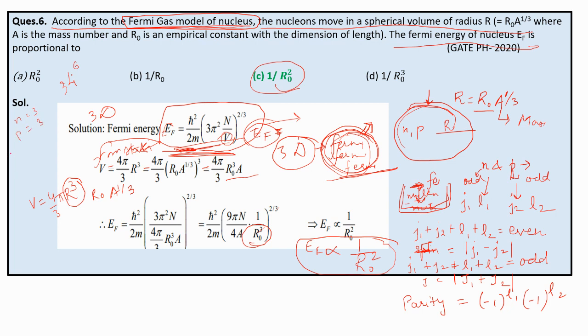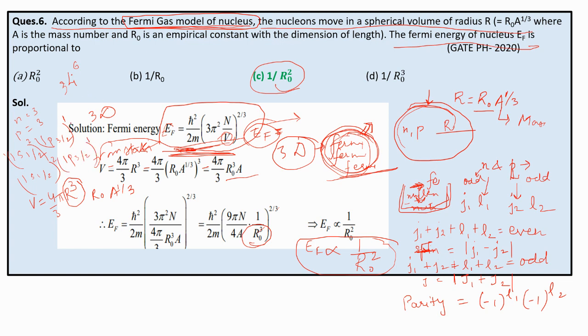Okay, so fill it: 1s 1 by 2, 1p 3 by 2, right? So 1s 1 by 2 will contain 2 neutrons, and 1p 3 by 2 will contain 1. Similarly, 1s 1 by 2 will contain 2 protons, and 1p 3 by 2 will contain 1.